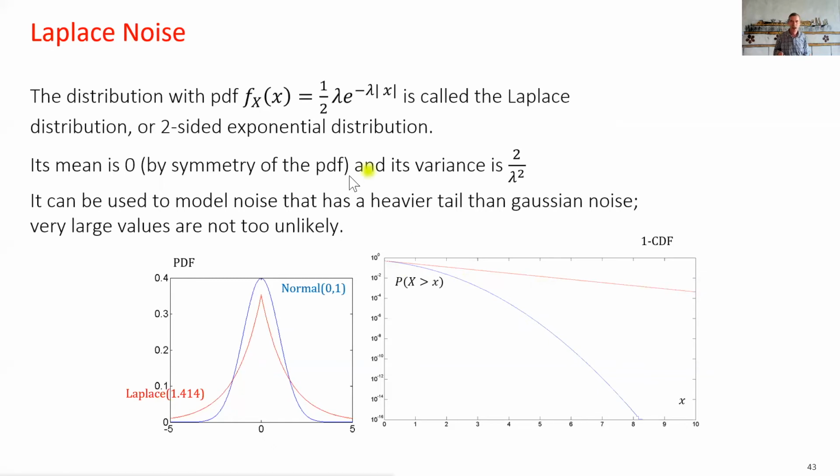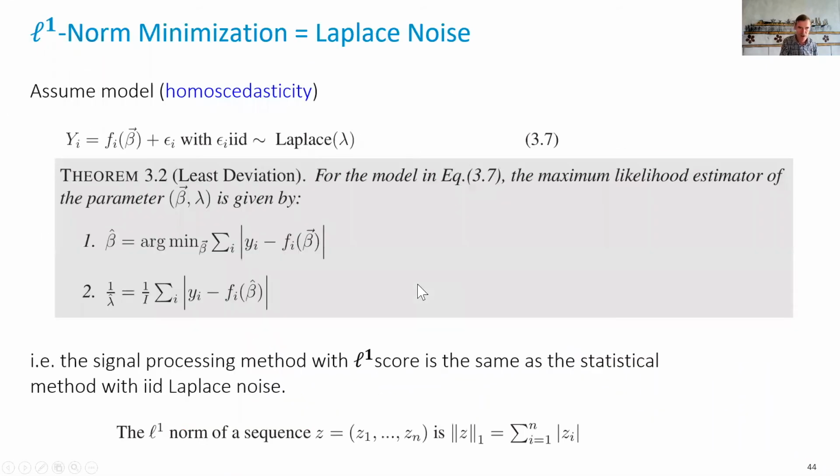So we have seen what Laplace noise is, and we understand also from these curves that it's meant to model the fact that values that are very large are not that unlikely. What remains to be seen is how we can fit a model with Laplace noise. The model is similar to what we had before, except now we're assuming the noise terms are IID with Laplace distribution.